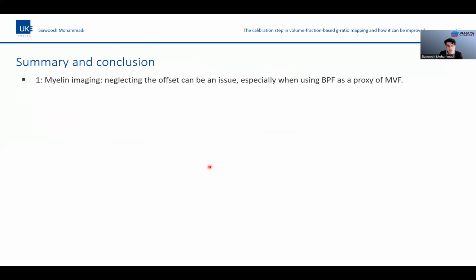So in summary, we have shown in these 3 studies that first, we need an offset for myelin imaging, at least for the methods that we looked at. The single-point calibration is especially bad for the bound pool fraction, at least in our simulation.